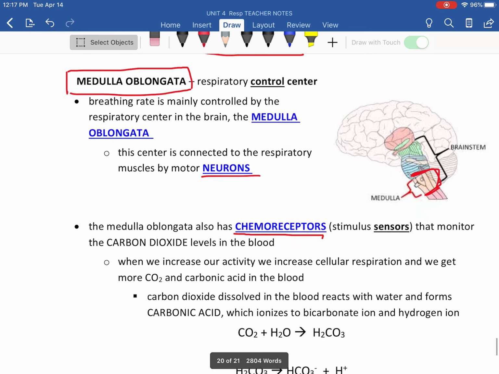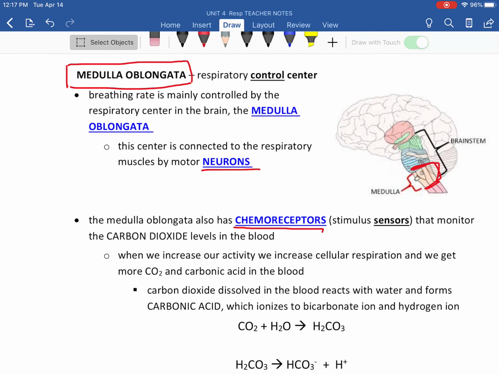So when we're actually talking about control of breathing, there's kind of two sensor systems. One is going to be responding to carbon dioxide, and the other is going to be sensing oxygen levels. Now, actually, our body is more sensitive to the buildup of carbon dioxide. So if carbon dioxide is building up in our body, that's a waste, that's a toxin.